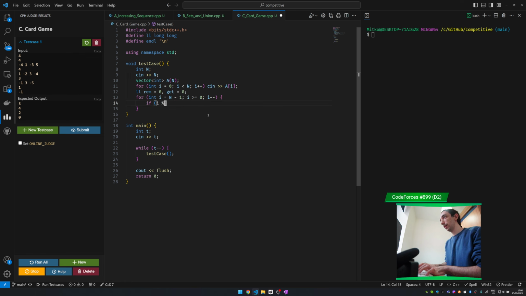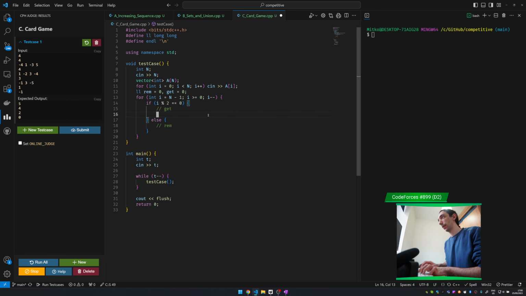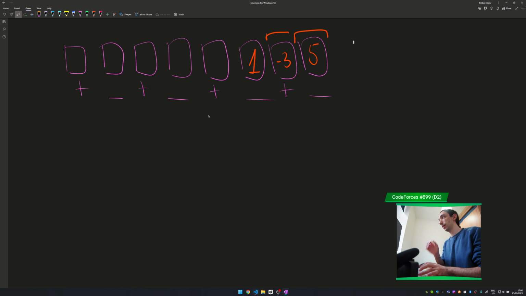Now if i is odd, this is get, if even, for us it's get, and this is remaining. So in remaining I will decide whether or not to remain.